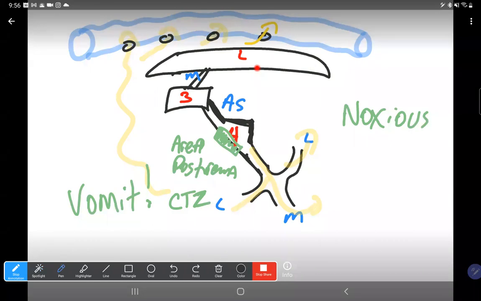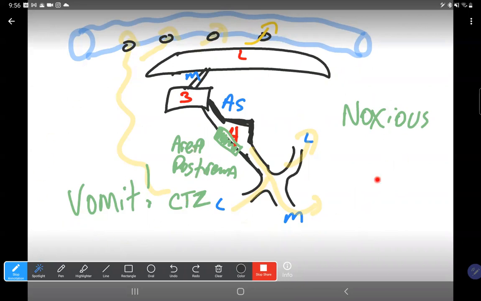This CSF begins to travel downward and then empties into this area, which is called my subarachnoid space. All this area that goes around the ventricles is my subarachnoid space.